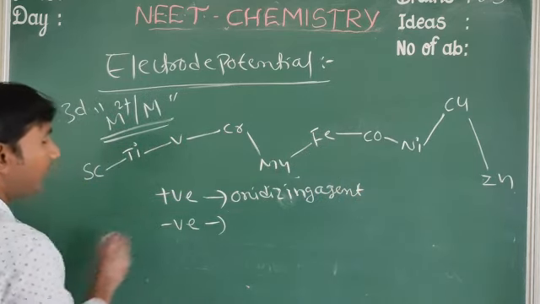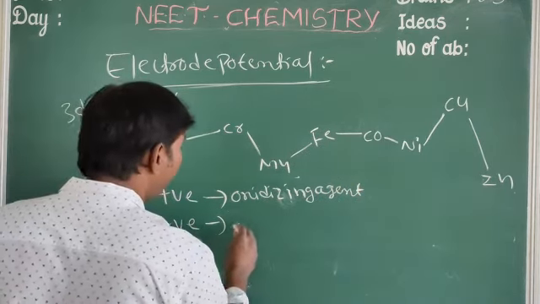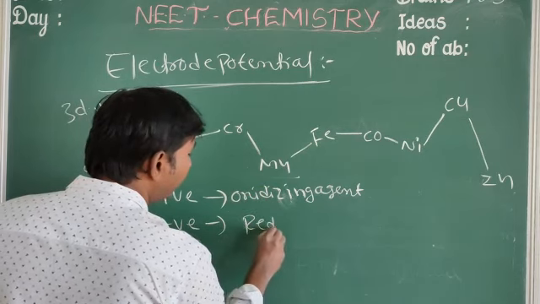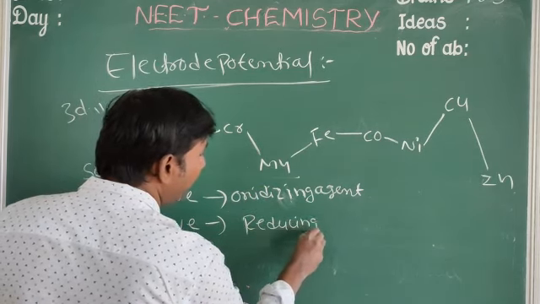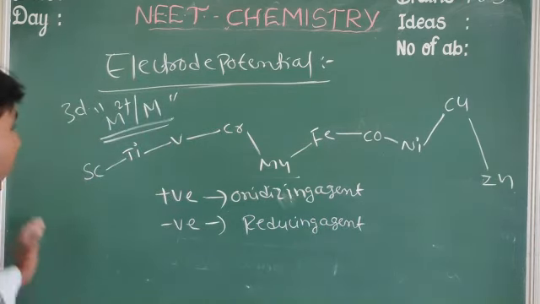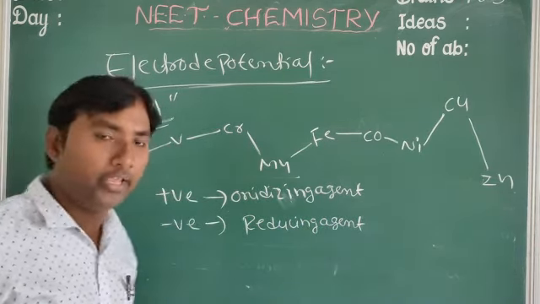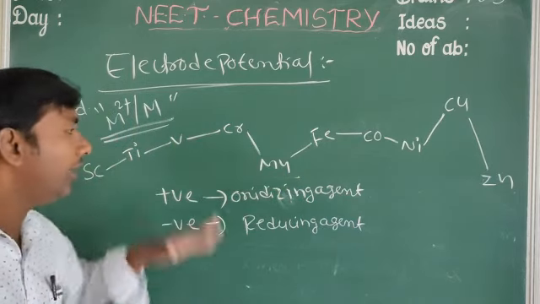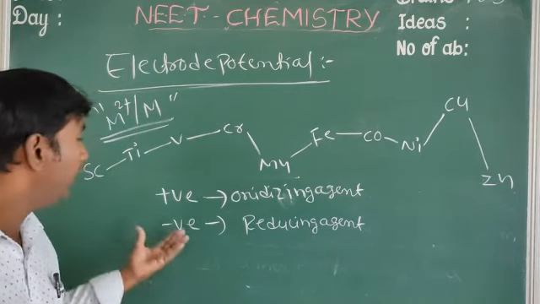A negative electrode potential means it favors acting as a reducing agent. That's why among the 3d series, only copper acts as an oxidizing agent.